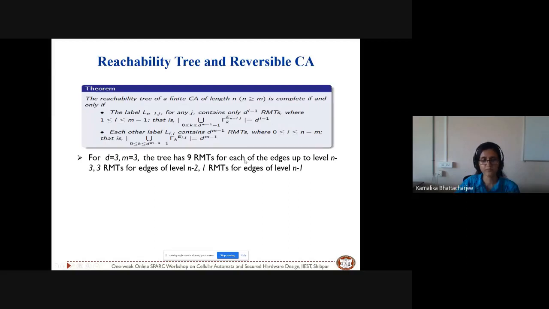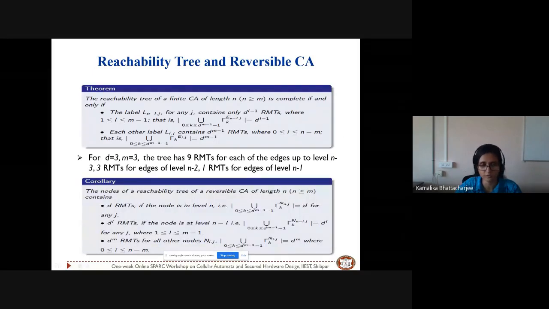So this is the criteria. If this criteria is not satisfied, we can easily declare that the CA is not going to be reversible. Now this is for edges. Similarly, we can form the condition for nodes.